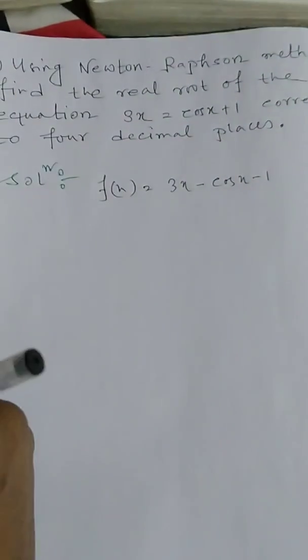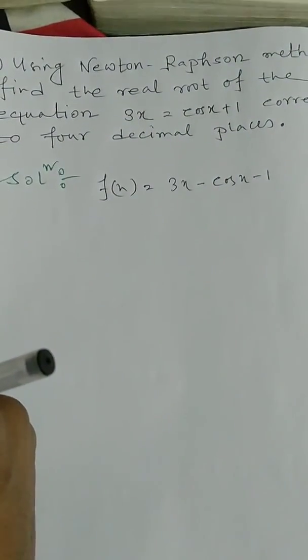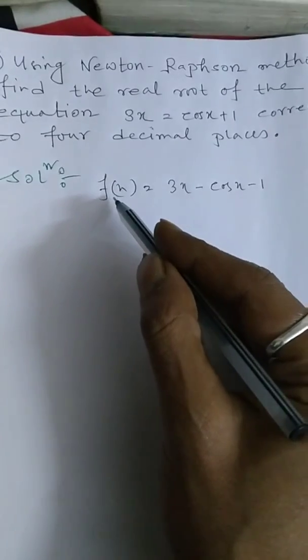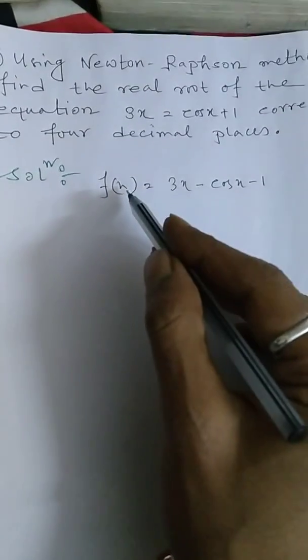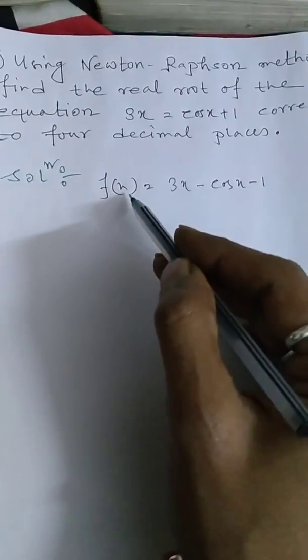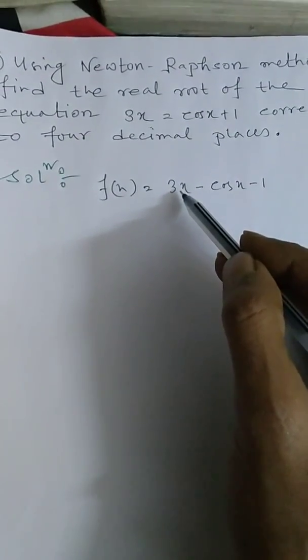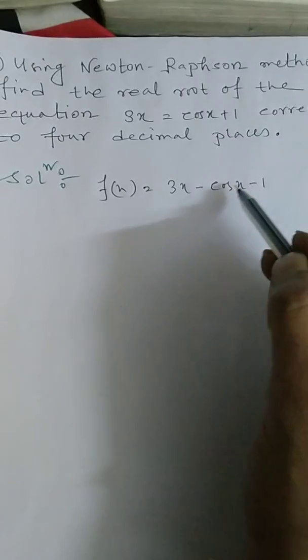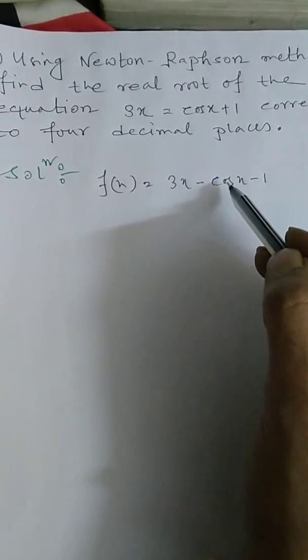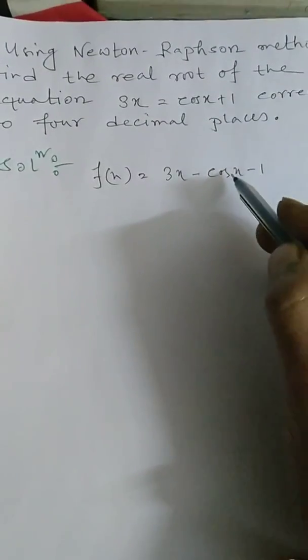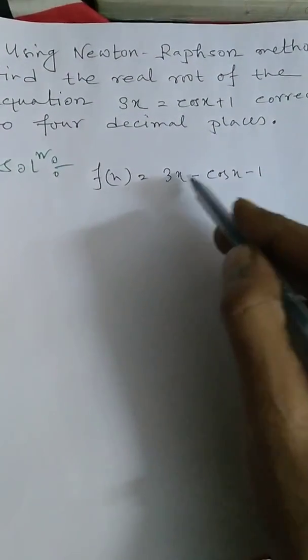Okay, so in this case, first we have to check from 0. Suppose we put x equals 0, then definitely this will be 3 into 0 minus cos of 0 minus 1. As we know, cos of 0 equals 1.